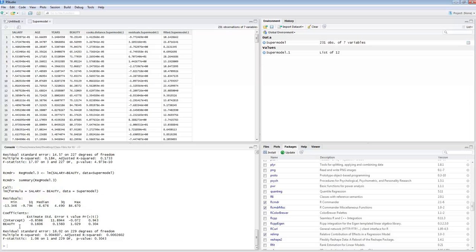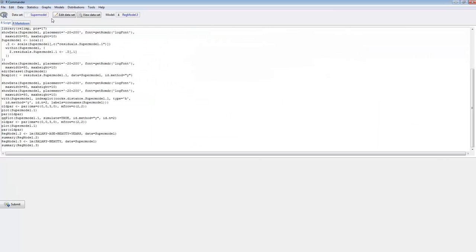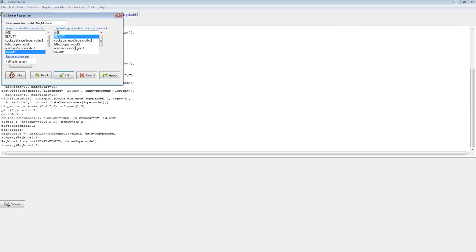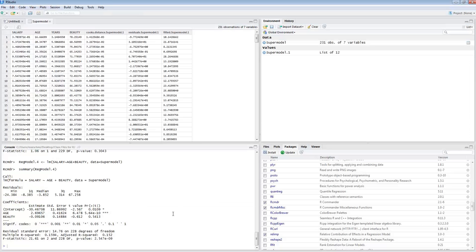For some reason, I may have to run that again. So let's go age and beauty. Click OK. Because I'm recording this, sometimes my computer becomes saturated and I can't see exactly what I'm doing.